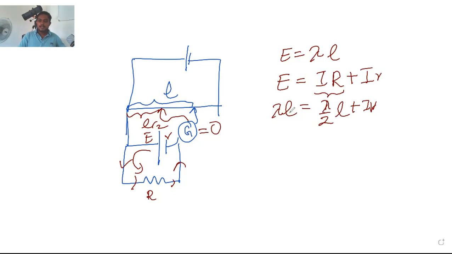From that we have to get this equation. Here we are getting lambda L over 2 as IR.